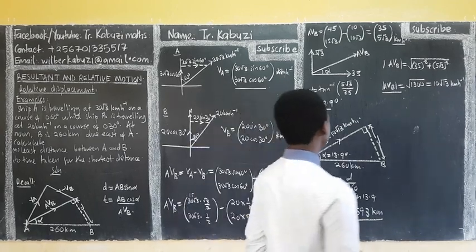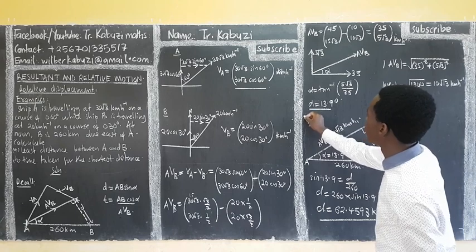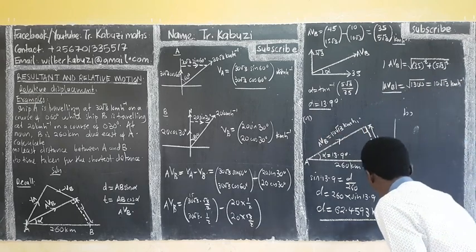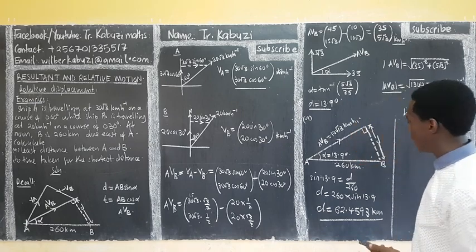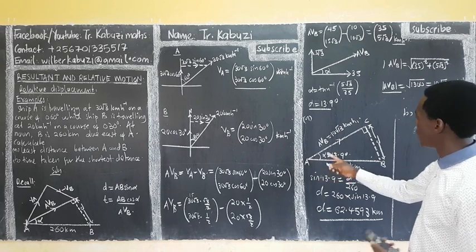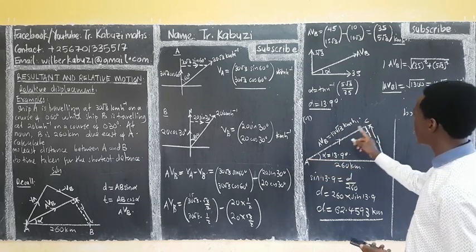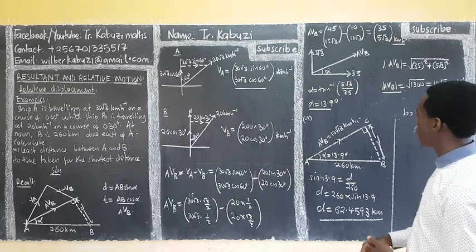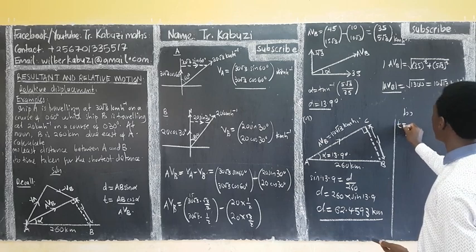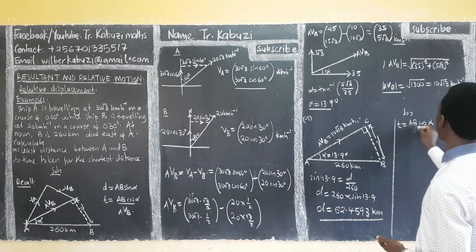Okay, then time taken. This is my part A, the distance. Then part B, they want me to get the time. Now, if we call this one maybe C, the velocity we are going to use, you can either get AC over this, or you can use our formula.